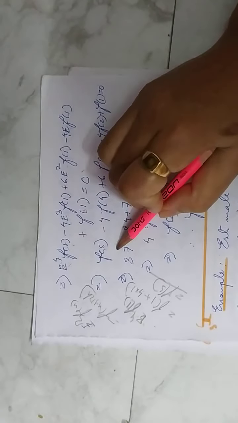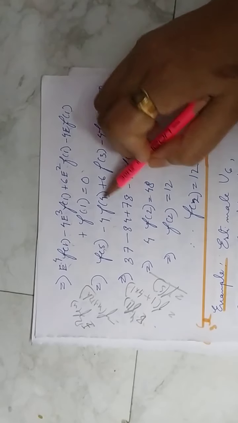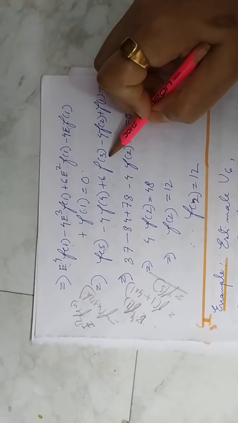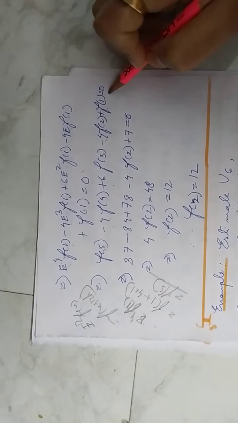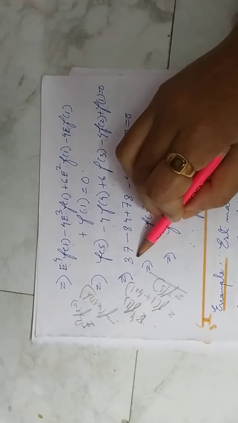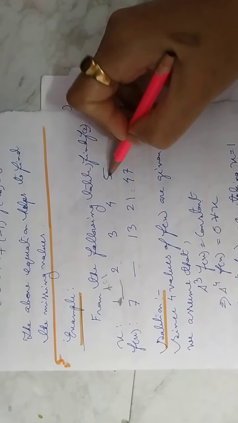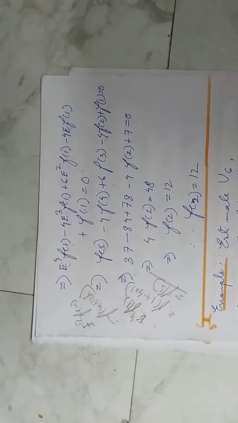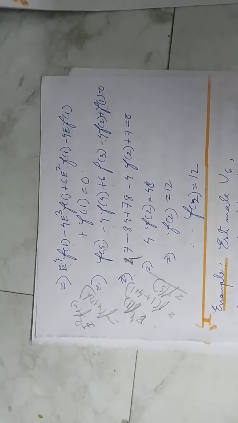Like this way I have got f of 5 minus 4 f of 4 plus 6 f of 3 minus 4 f of 2 plus f of 1 is equal to 0. The value for f of 5 is 47.